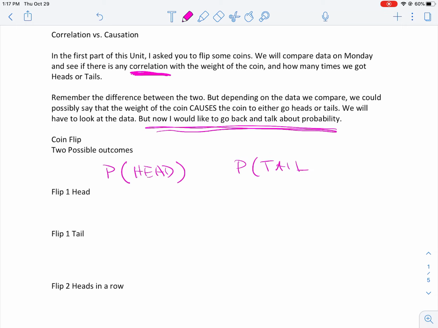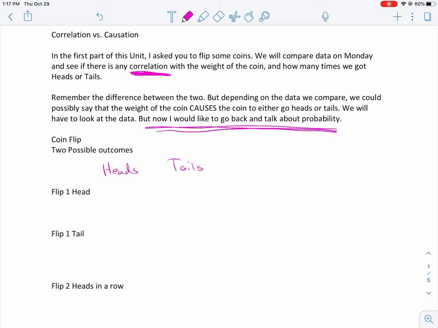This is how a lot of times you'll see these things, or at least maybe you've seen them in the past. So the two possible outcomes are either heads or tails.